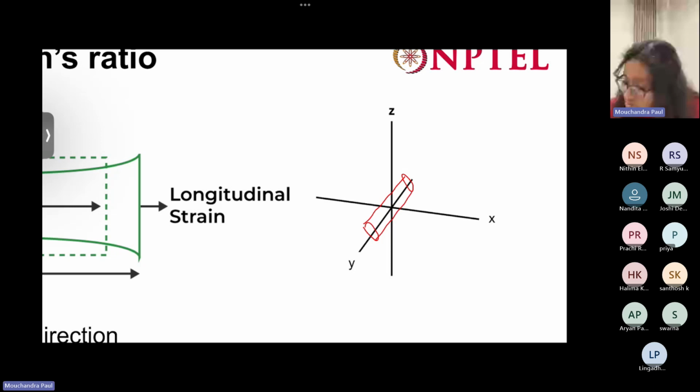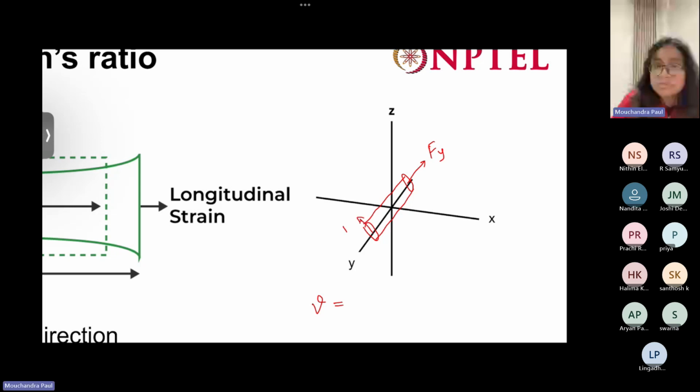Now the force that you're applying is in the y direction. So now tell me, how will you define Poisson's ratio? The radial direction in this case would become Z, right?